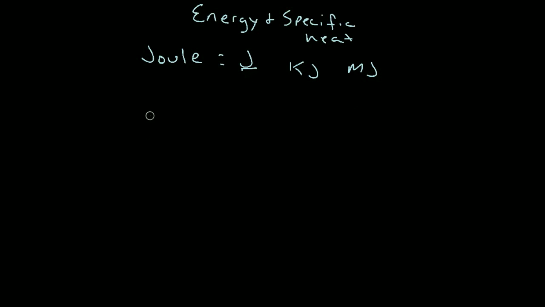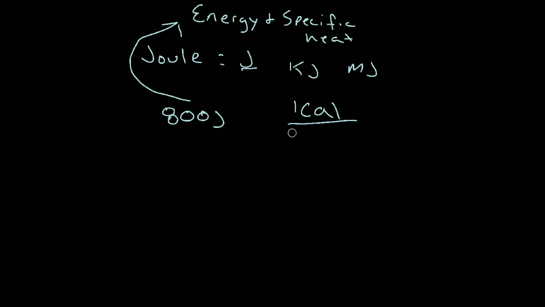So if you see something that's like, I don't know, 800 joules, that's referring to a specific amount of energy for something, right? Well, if we plug in a ratio to that, let's say for every 1 calorie, I'll just abbreviate calorie like that, we have 4.184 joules.